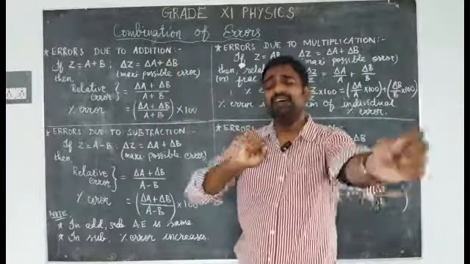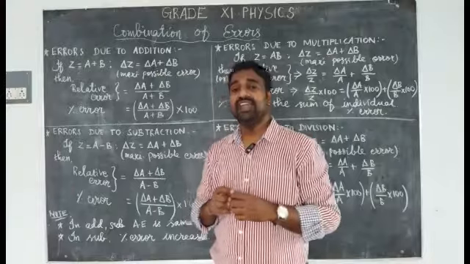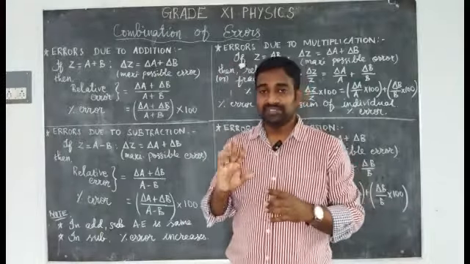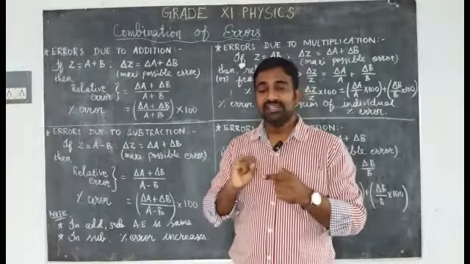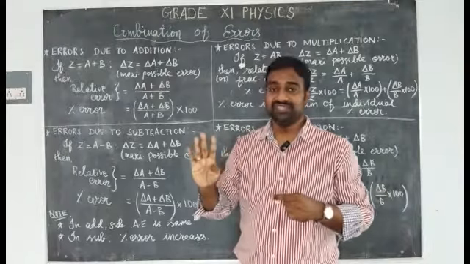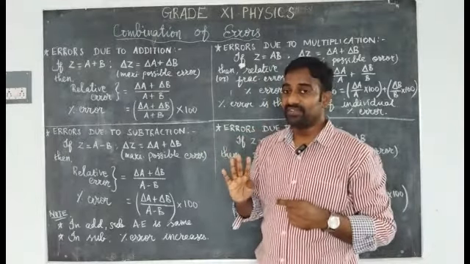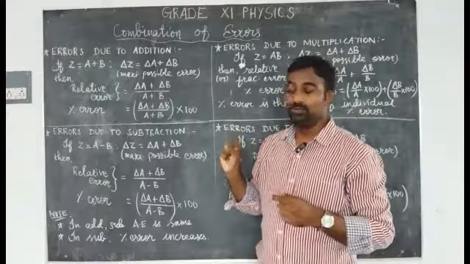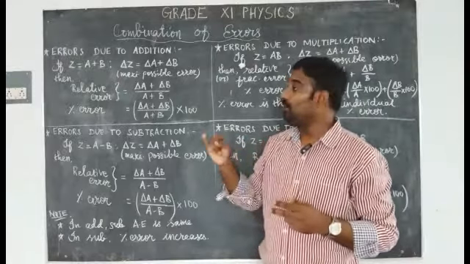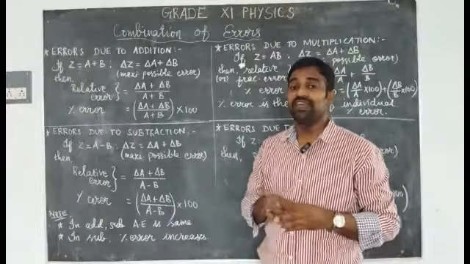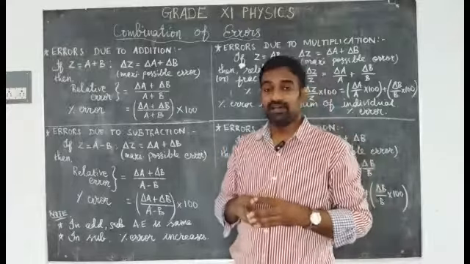In that we have algebraic functions: addition, subtraction, multiplication and division. So we have 4 algebraic functions. In every one, what are the errors involved, and how do we find the errors of the particular algebraic function?